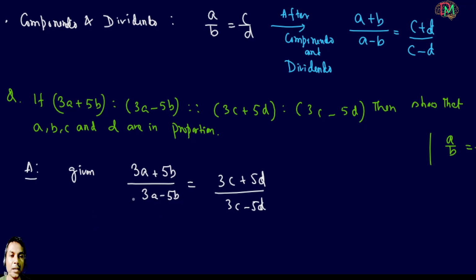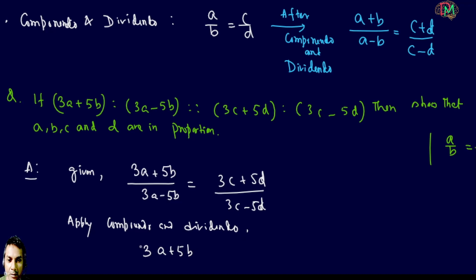This way you have to identify which rules you can apply. So apply componendo dividendo. What do we get? 3a plus 5b plus 3a minus 5b.